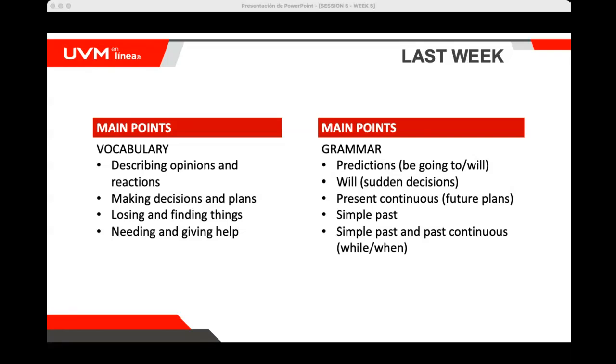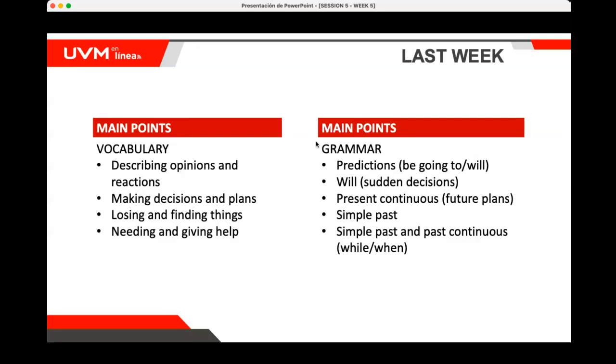You also reviewed vocabulary for losing and finding things: appear, discover, locate, leave, return, search for. Then you also reviewed vocabulary for needing and giving help. Well, that kind of vocabulary, because we don't want to spend too much time here.